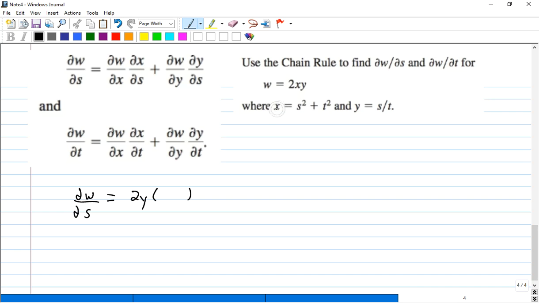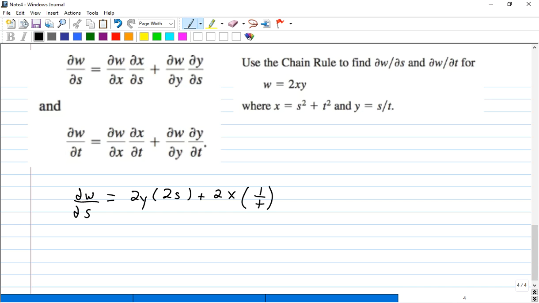So look at x, take the derivative of this with respect to s, that's 2s. Plus the partial derivative of w with respect to y, that's going to be 2x, times the partial derivative of y with respect to s. If I take the derivative of y with respect to s, that's just going to be what? 1 over t, because the t is a constant.